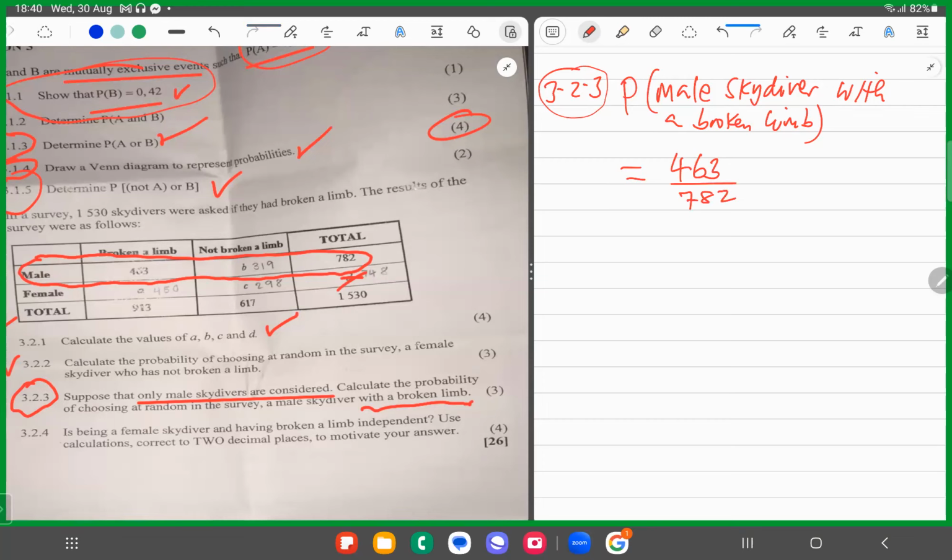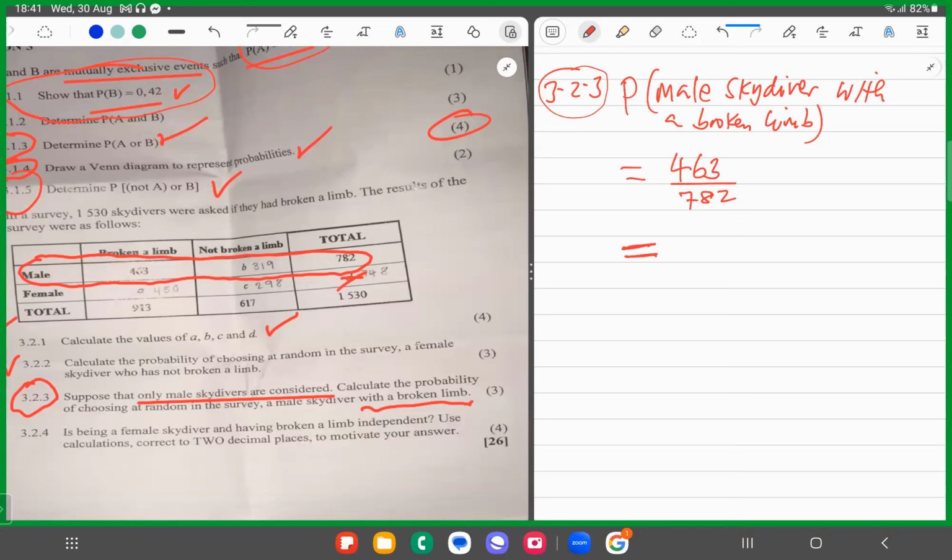So the probability of a male skydiver with a broken limb is 463 divided by 782. And then we're able to get the result. Right, so if we do that, this is the answer, but we can look at it further.